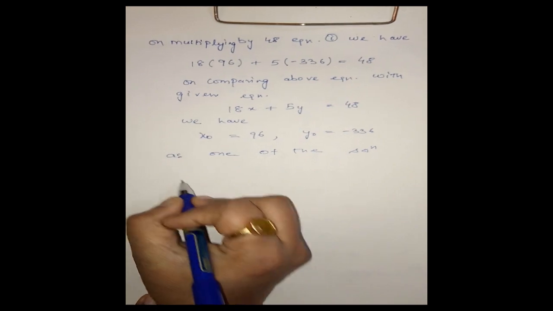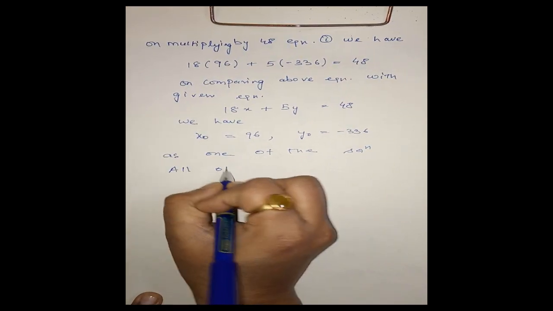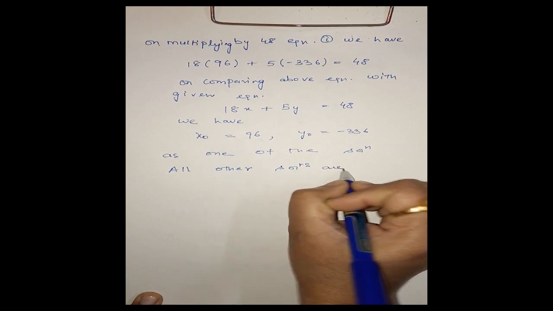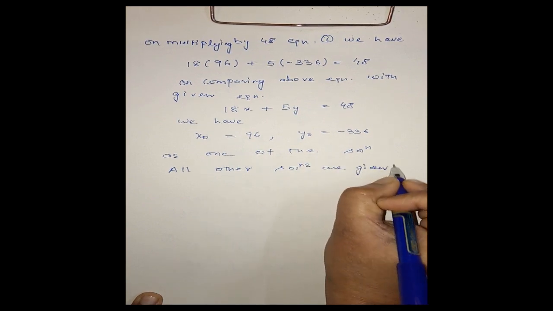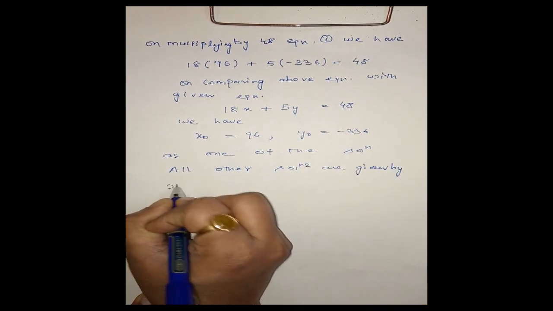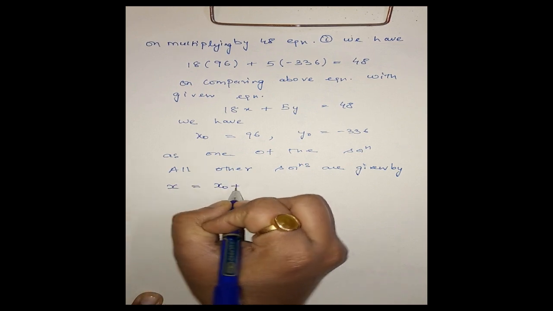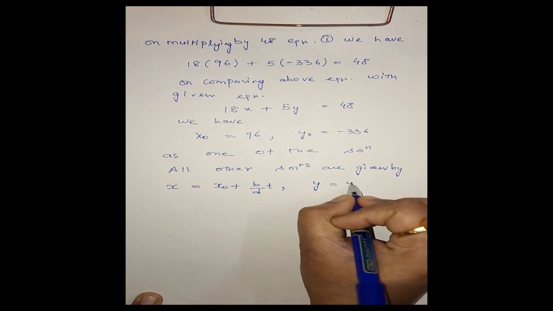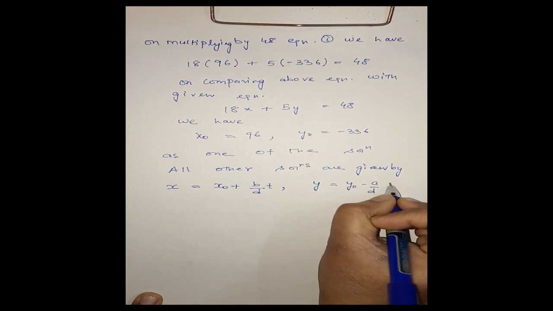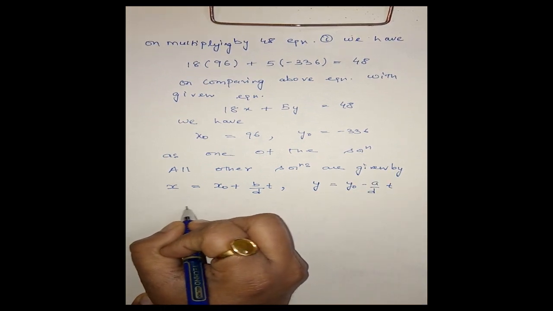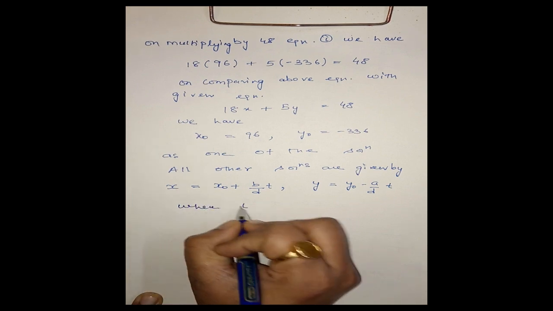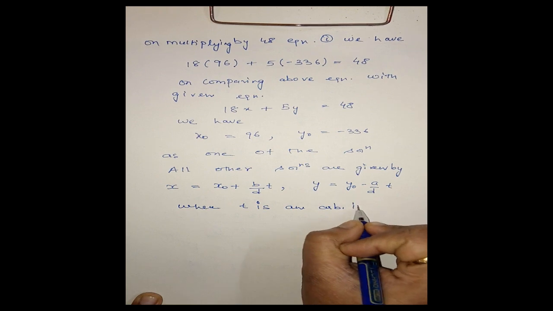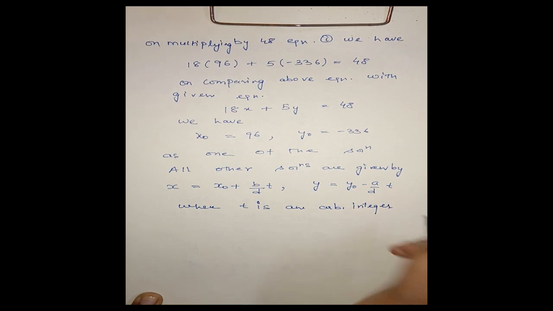Therefore, all other solutions are given by x is equal to x naught plus b by d into t, and y is equal to y naught minus a by d into t, where t is an arbitrary integer. Clear?